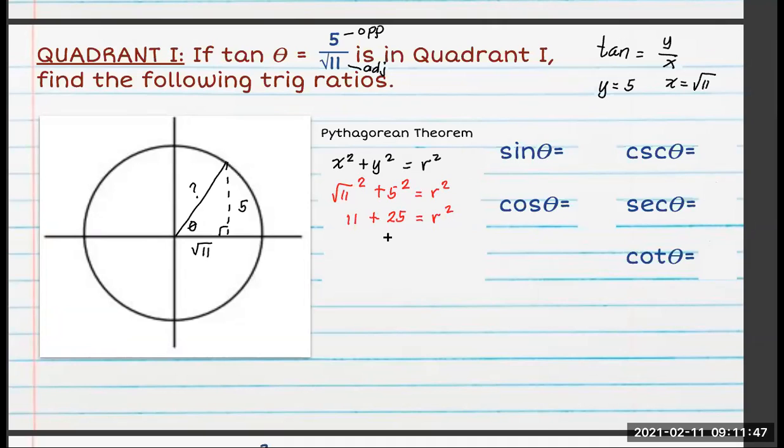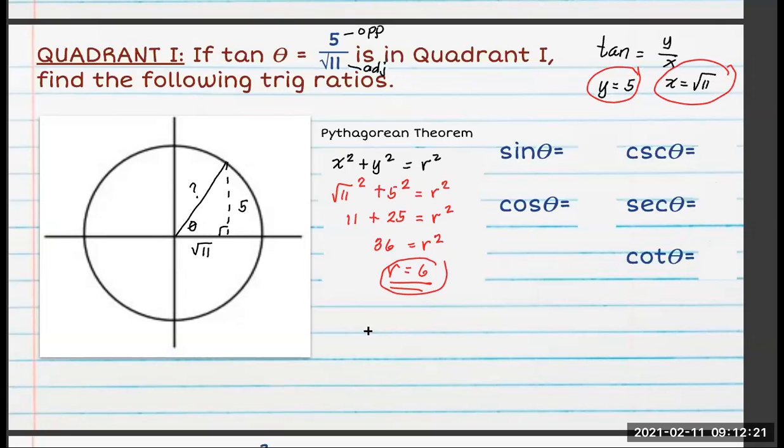Okay, we're just doing the math here. 11 plus 25 is 36 is equal to r squared. So what would be your r? By the way, r, which is the hypotenuse, we said is always positive, okay? So your r is equal to 6. Now remember this. This is your y. This is your x. This is your r. Okay? So sine theta, sine corresponds to y.